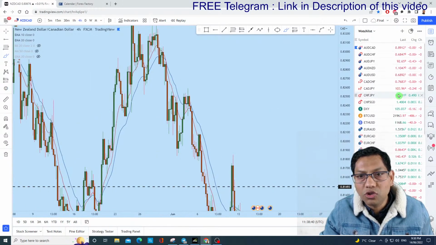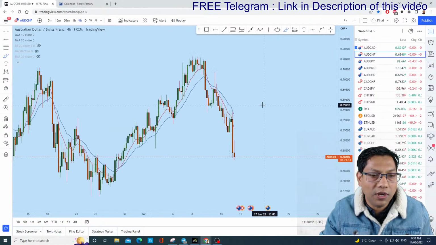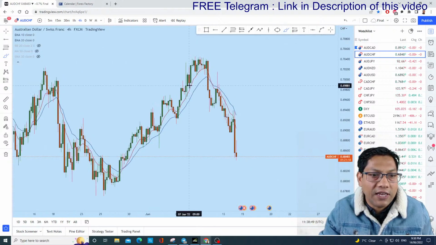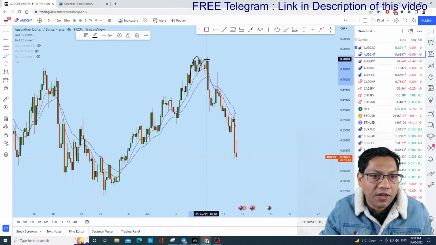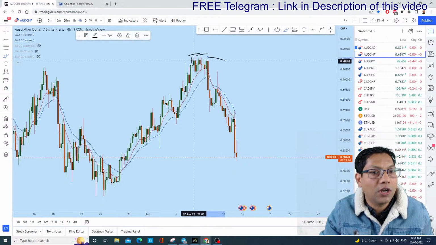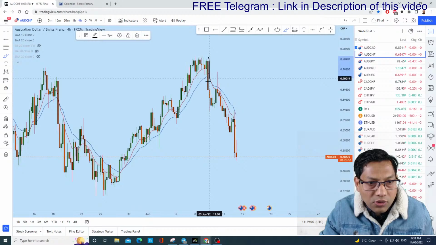There are millions of examples I can show you. Let's say this one, AUD-CHF. Look at this one here. AUD-CHF has created a nice kind of reversal pattern here. You can define it as a head and shoulders, triple top, or double top, depending on what time frame you are looking at. The price broke to the downside, a big breakout.